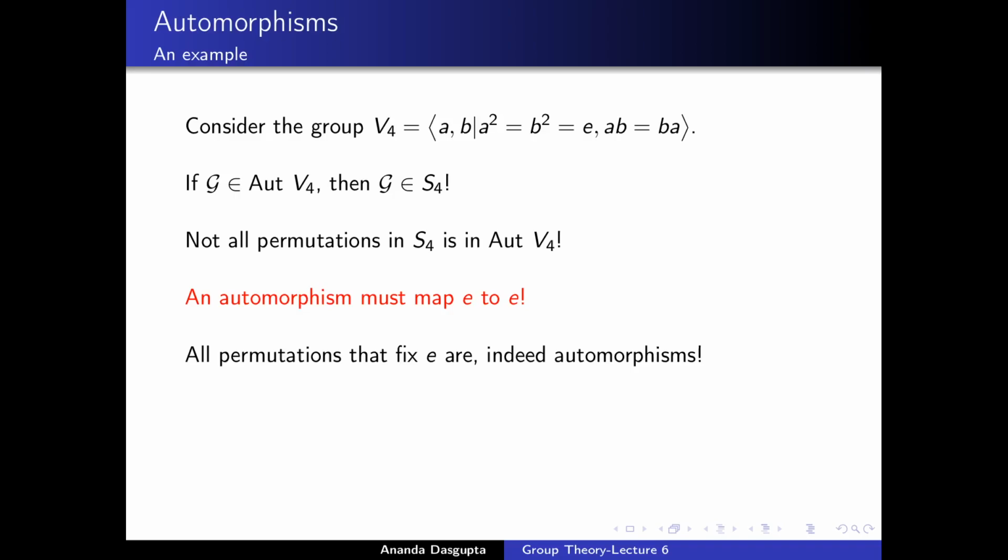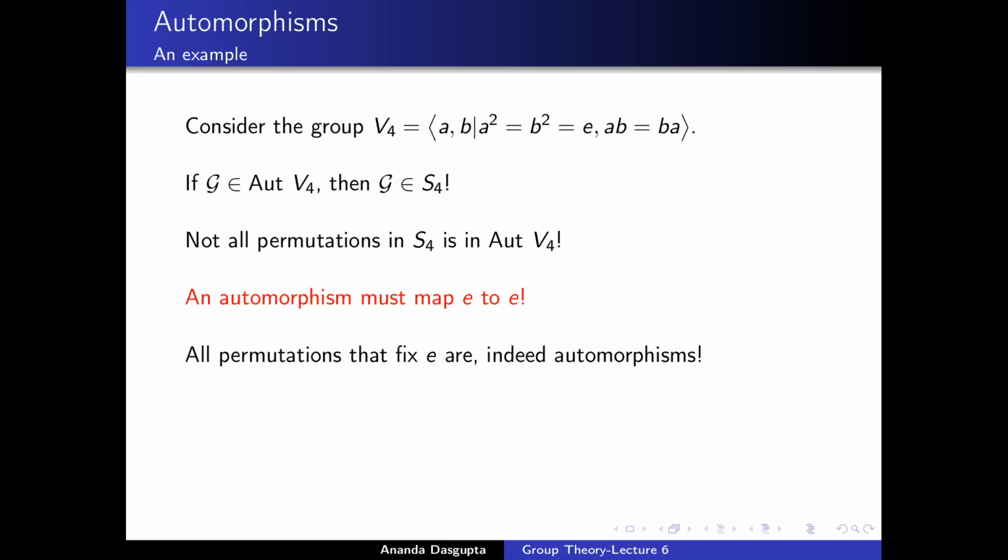Of course, B can now be any one of the other elements available. Identity, of course, is already taken as the image of E. And remember, these are bijections, so you can't have repeats. They are 1 to 1, of course. And so whatever element among A, B and C that A goes to, B has to go to another element.